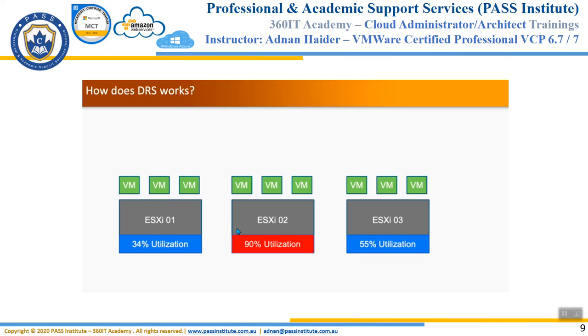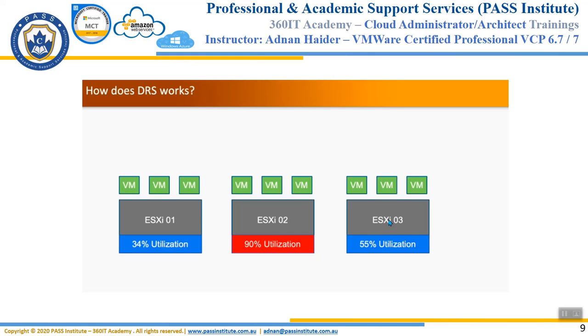But as soon as any ESXi host goes above 70, 80, or reaches 90%, DRS kicks in, and what it does is move VMs out from this ESXi host to another ESXi host where it is less utilized. DRS monitors CPU and RAM on the ESXi host.